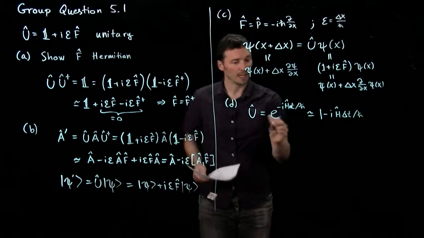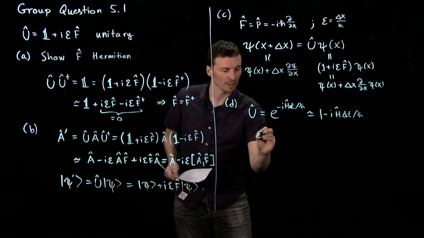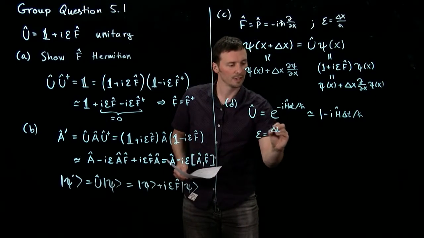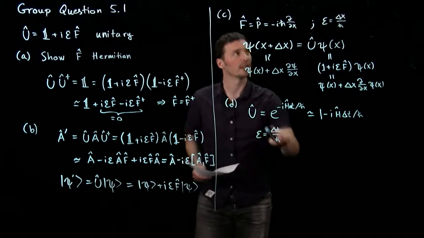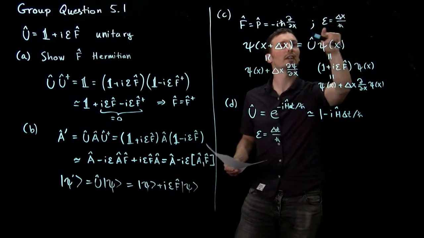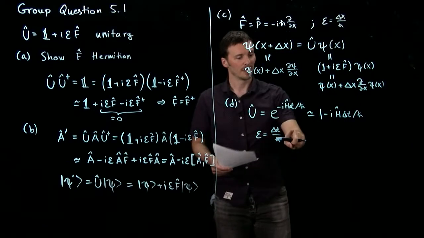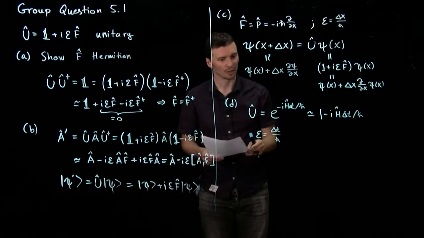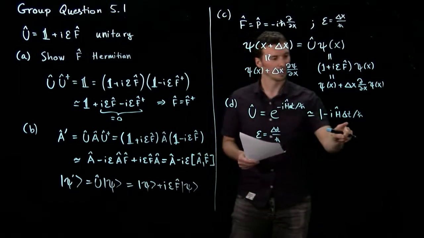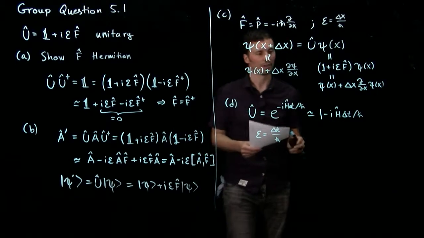Now let me define this epsilon as delta t over h bar, in exactly the same way that I defined epsilon equal to delta x over h bar in the above problem. Then we see that we have exactly the same structure, right, as we did above.